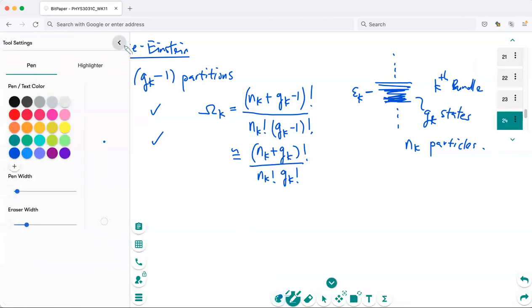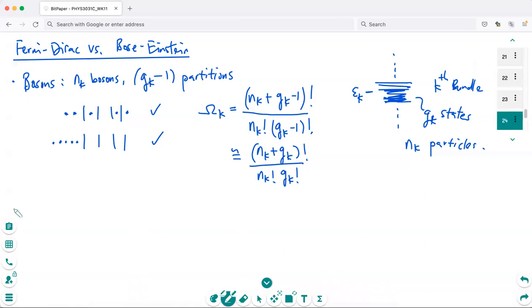Okay, and what about fermions? So this is boson. How do you do fermions? Now, if you haven't seen my note, this is actually a very good exercise. Maybe I give you a little bit of time to think about this. Now I have NK fermions.